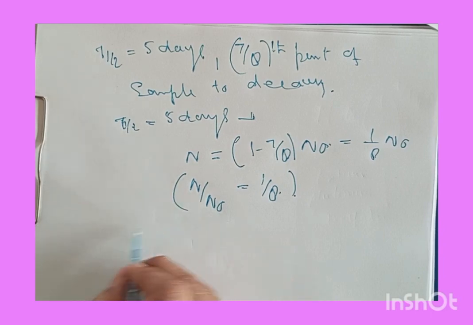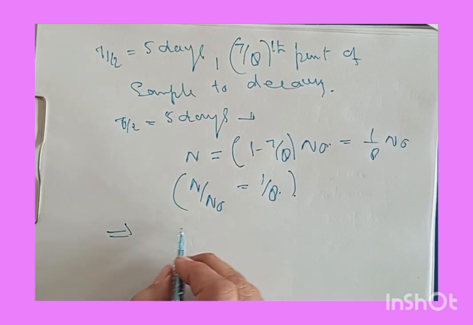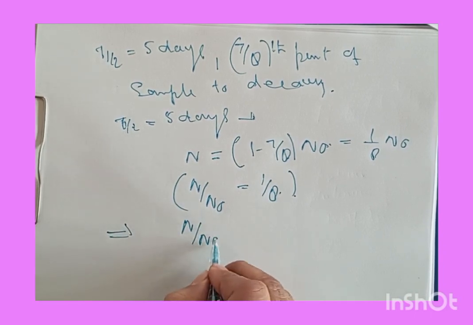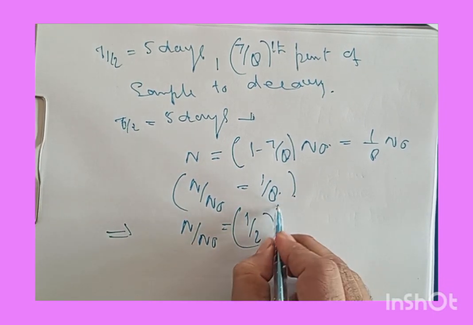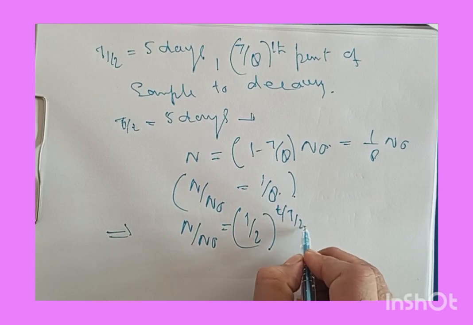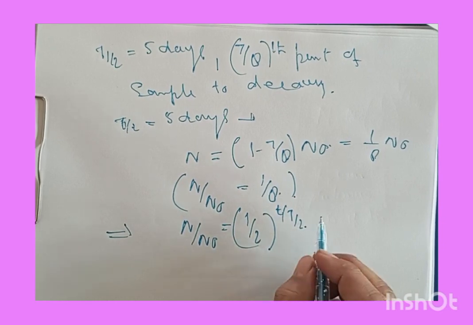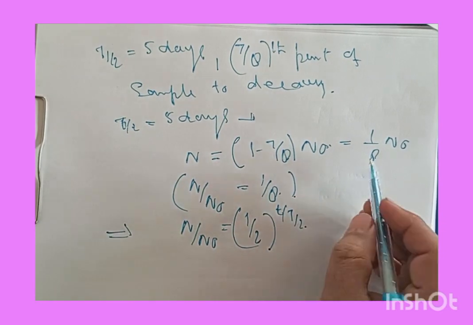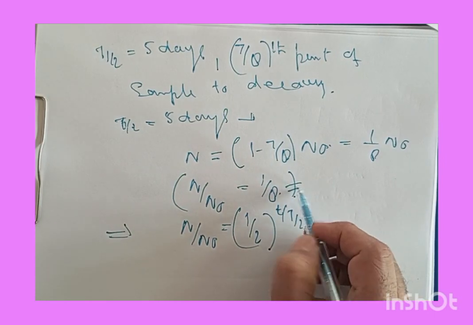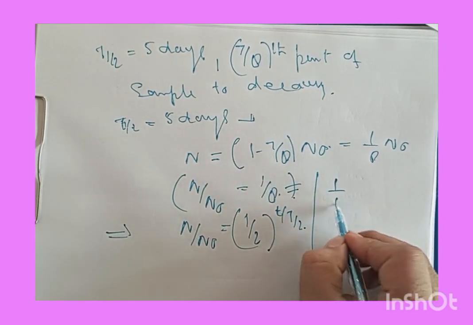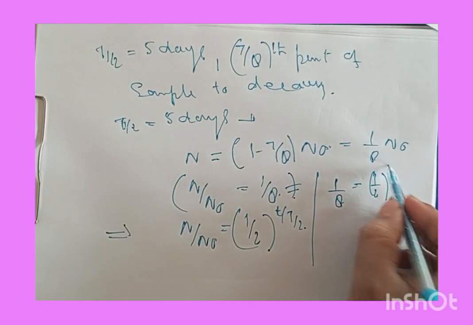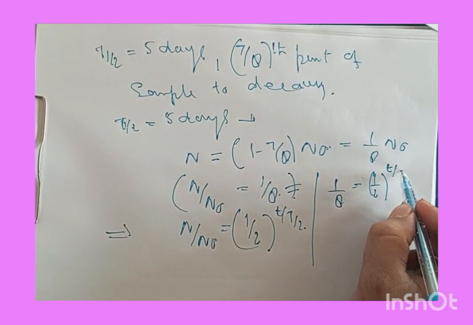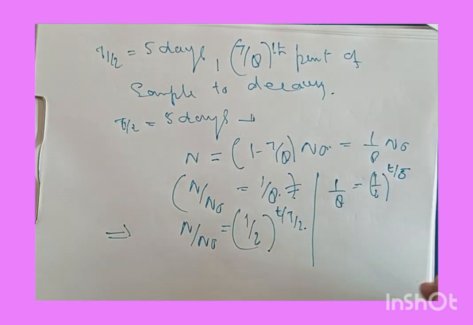And I can use the formula that I had. That's N by N naught is equal to 1 by 2 raised to the power t by t half. But this N by N naught, I have calculated as 1 by 8. So I can write 1 by 8 is equal to 1 by 2 raised to the power t by t half, which is given as 5 days, so I will write 5 here.